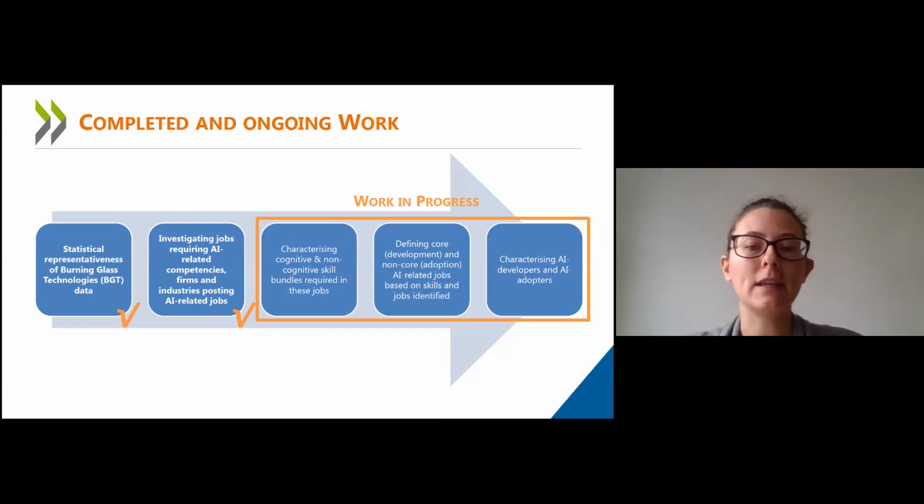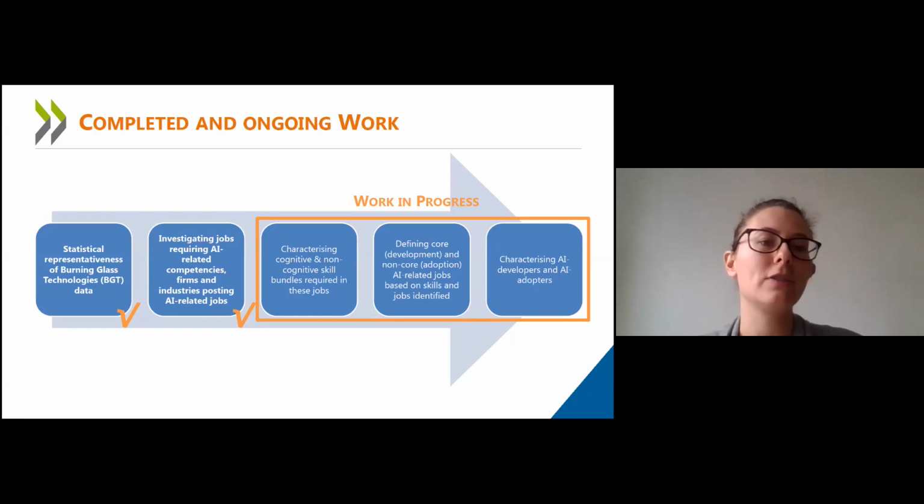They looked at firms, they also looked at industries that post these kind of AI-related jobs. And now our team tries to build on this existing work by characterizing the cognitive, but also some of the non-cognitive skills and particular skill bundles, so how these kind of skills are interrelated in these kind of AI-related jobs. We also want to define these types of jobs by distinguishing here between core and non-core AI-related jobs.